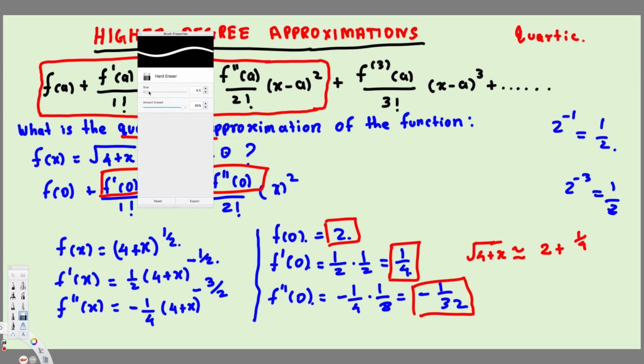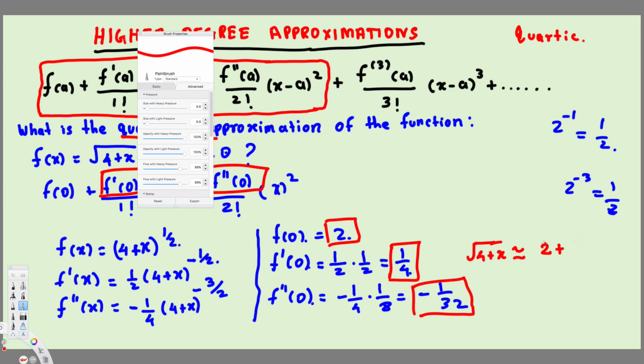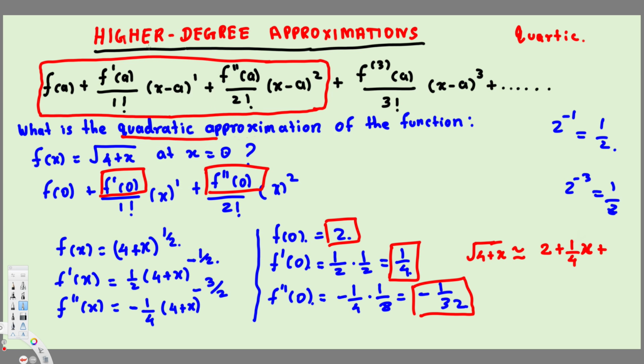And then for the next value we are going to plug in negative 1 over 32 instead of f double prime 0. So negative 1 over 32 is going to remain the same. 2 factorial is equal to 2 times 1, so that's going to be just 2, and then we are going to have x squared.